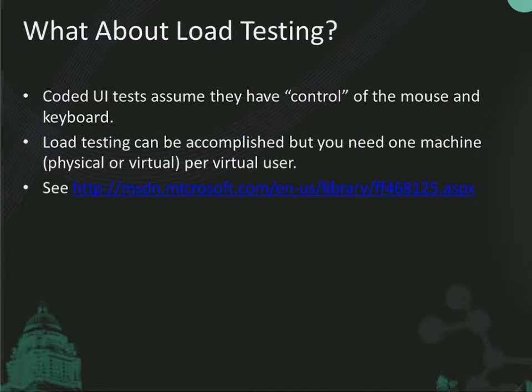And you can do this, but in order to do this, you would then have to have 1,000 physical or virtual machines in order to simulate 1,000 users. And the reason for that is that our coded UI test, for all intents and purposes, thinks that it has control of the mouse and keyboard. And so there's a process for doing this, but again, the way that this works is you would have to go out and secure at least 1,000 virtual machines or 1,000 physical machines.